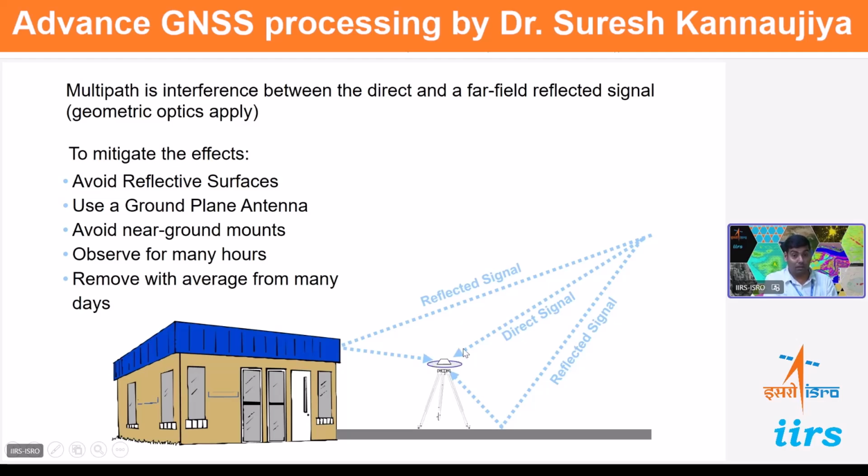It will take care of this reflected wave and, to some extent, eliminate the signal reflected from the building. I already explained the concept of how it eliminates the reflected signal coming from the building. Then it will mostly track the direct signal coming from this range, and you can process the data and generate good positioning of this location.